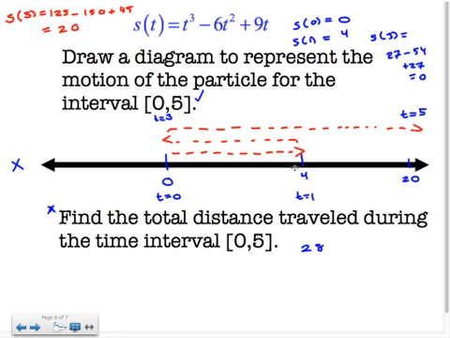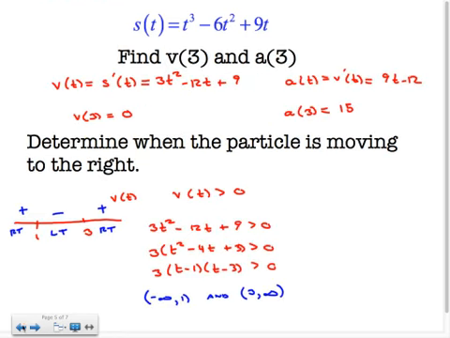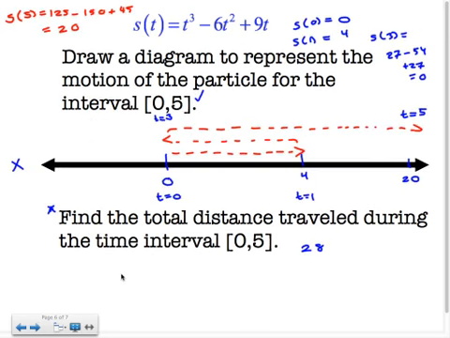without the chart? Well, here's what I would need to do. I need to know where the particle changed direction, and I need to calculate the change in position on each of these intervals. For example, for the first 1 second, the particle moved to the right. So if I calculate the position at time 1 minus the position at time 0, that will tell me how far the object displaced, and if I put absolute value bars around it, it'll make it positive, which makes it distance.